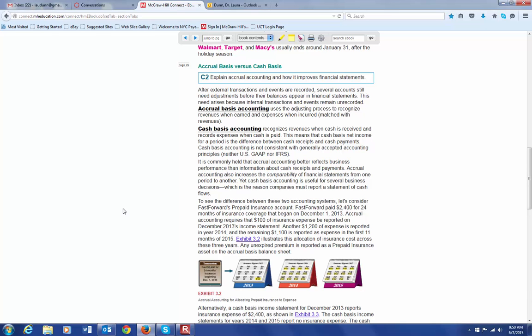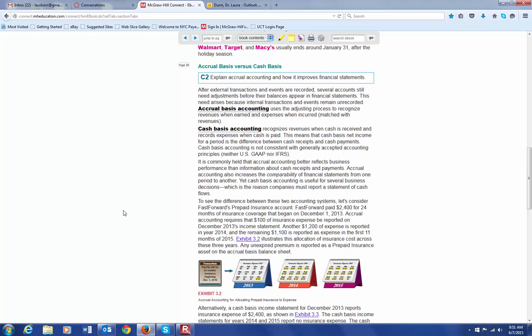U.S. General Accounting Principles requires that companies use accrual basis accounting. There's some examples where you can use the cash basis, but they expect you to use accrual basis accounting. And the reason for that is because they believe that it matches revenues with expenses more clearly.